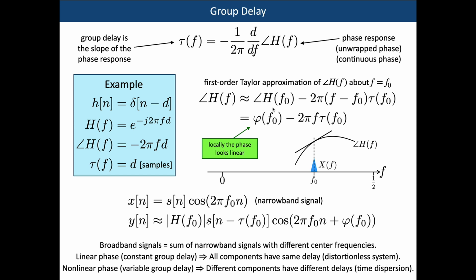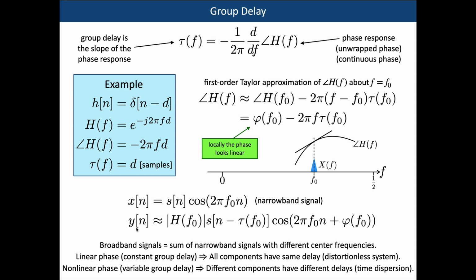Now we can combine terms and take everything that doesn't depend on the frequency f, and collect those into this term I'm calling phi of f0. And then if we take these two terms and do some Fourier analysis and bring things back into the time domain, what we would find is the following. What's going into the system? A low-pass signal times a cosine.